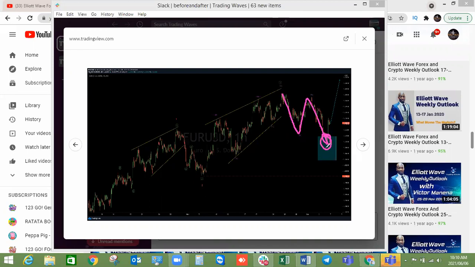We didn't know what the outcome of the NFP was going to be, what the unemployment numbers were going to be. We had no information about that. The only thing that we had information about was the structure, the sequence, the cycle, as well as the confirmation by the indicator that this is how the move is going to play out. Now, count the number of waves that we forecasted here. 1, 2, 3, 4, and now we're looking for upside.